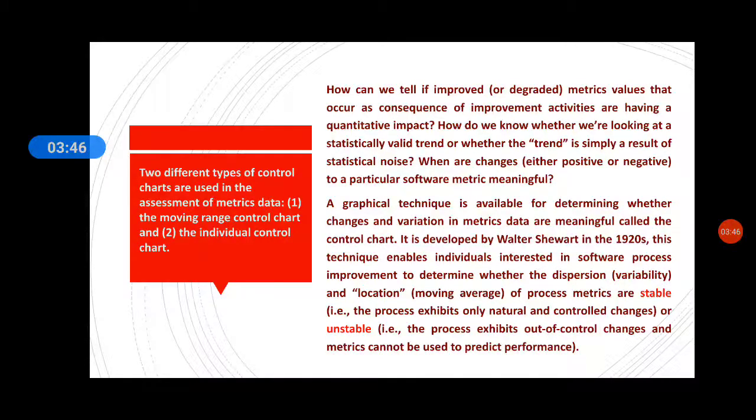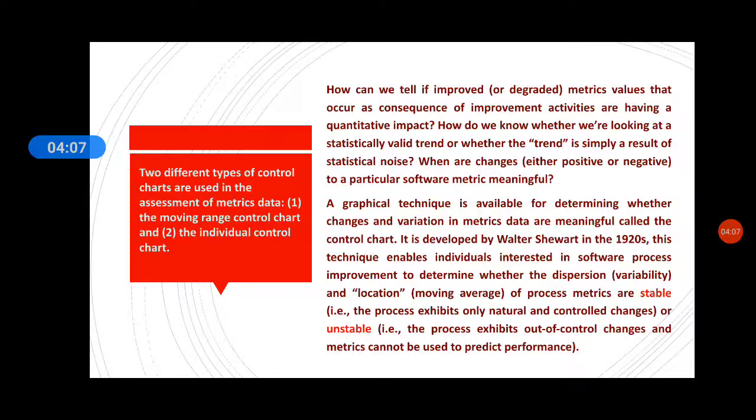A graphical technique is available in order to determine whether changes and variations in metrics data are meaningful. This is called a control chart. It was developed by Walter Shewhart in the 1920s.